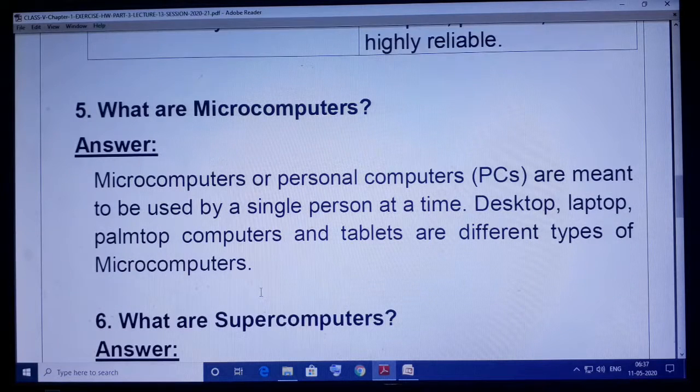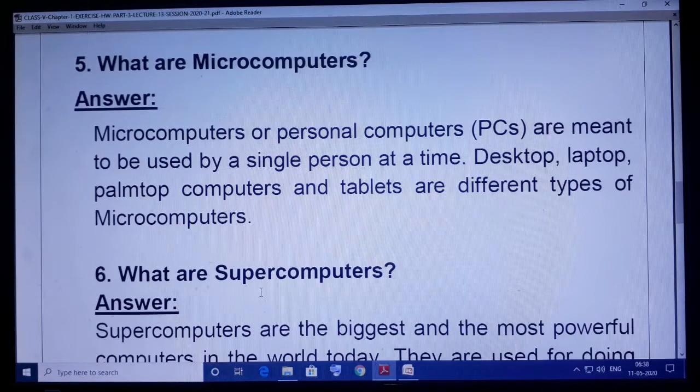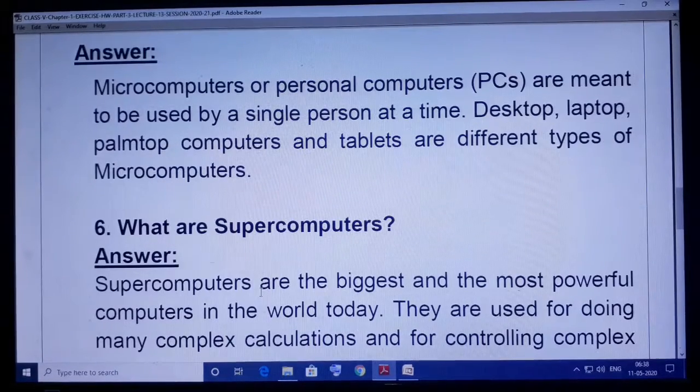Question number 6. What are supercomputers? I think all of you can remember the point. Supercomputers are the most powerful computers in the world and they work very quickly. Supercomputers are the biggest and the most powerful computers in the world today.